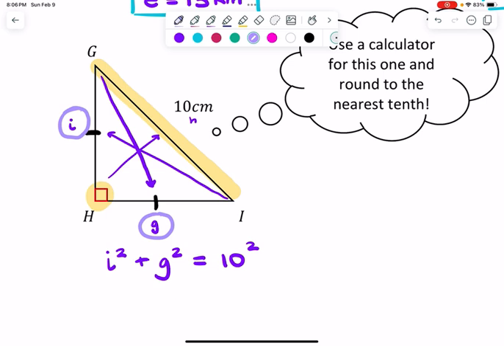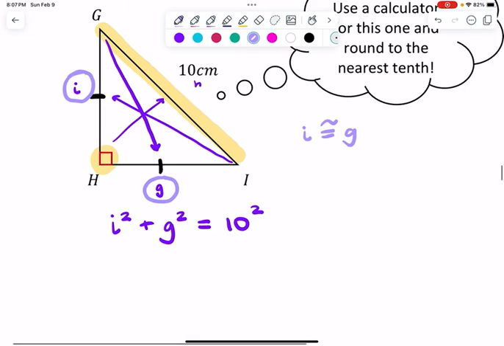The size of that side, the length of it, the measure, the actual number associated with it will be the same. So I know the number associated with i will be equal to the number associated with g.